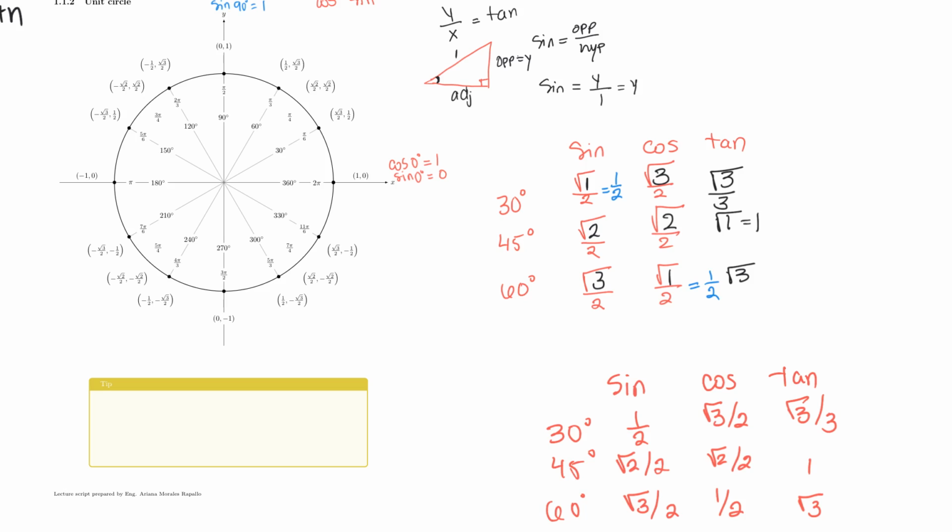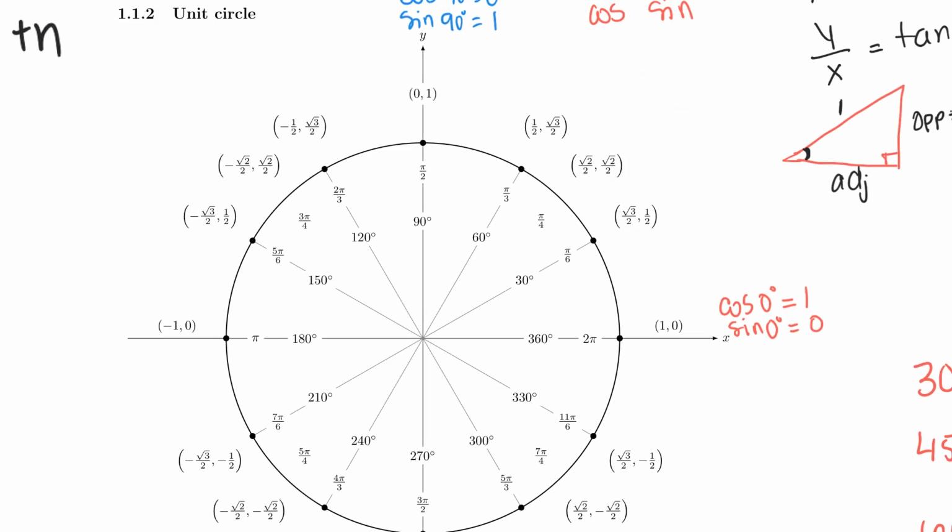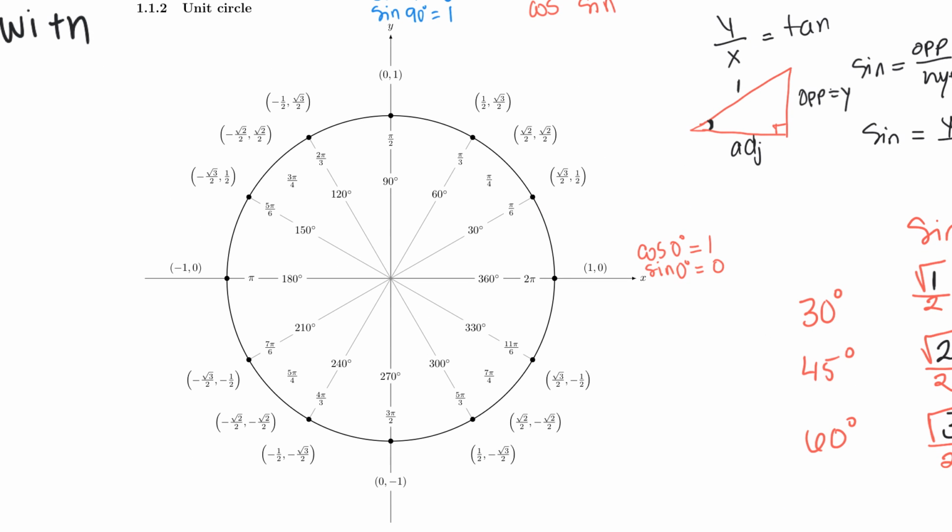Okay, so with this trick in mind, let's go back to the unit circle. So what this means is, if I ask you, what is the cosine of 30? Then you go to the 30-degree angle, and the cosine is the x-coordinate. So it's a right triangle right here.